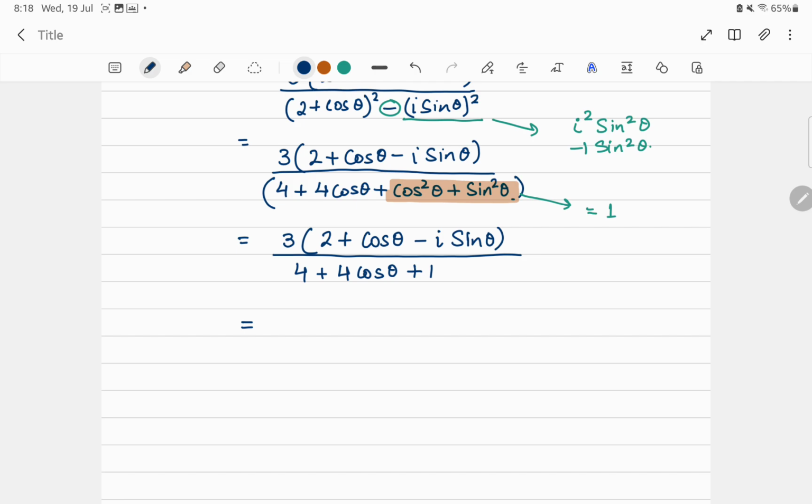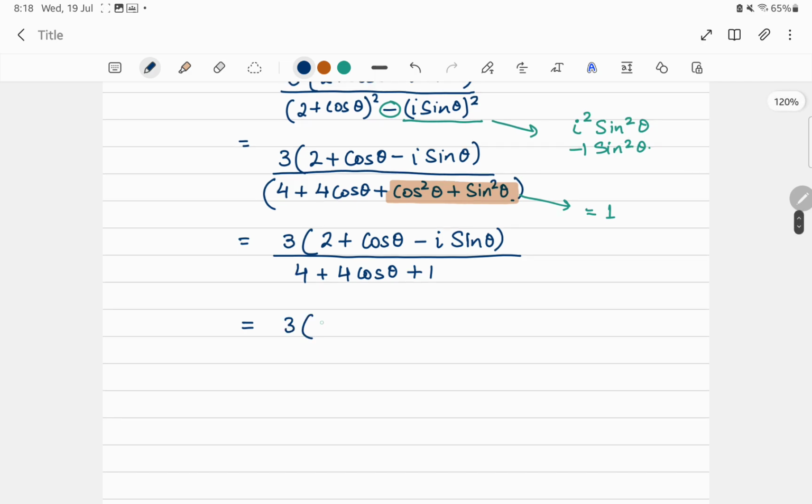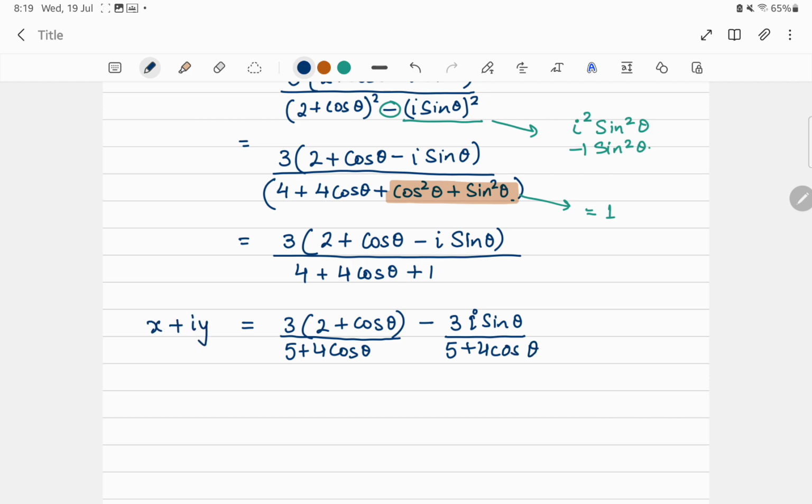So we have 3 bracket (2 + cos θ) as your real part, right? And minus 3i sin θ as your imaginary part. And if we separate the denominators, we will have 5 + 4 cos θ, 5 + 4 cos θ. All right, and here we have x + iy that we started with.